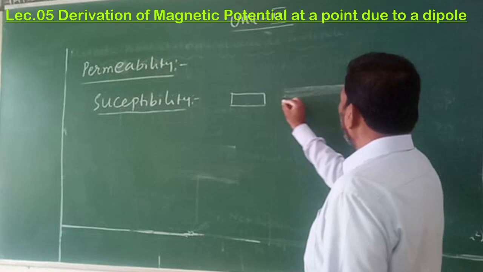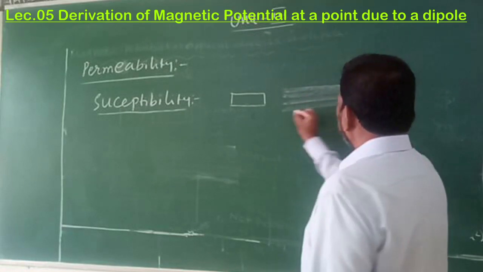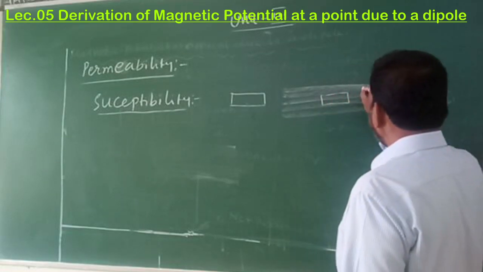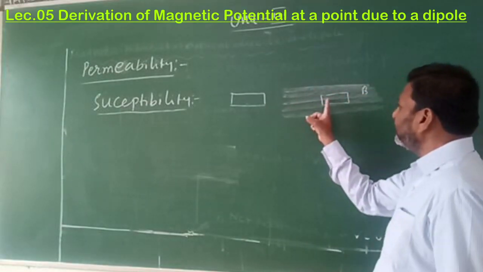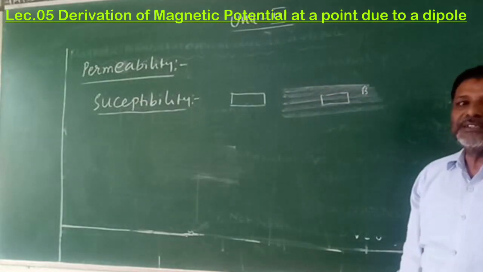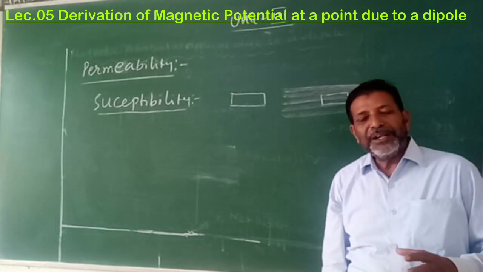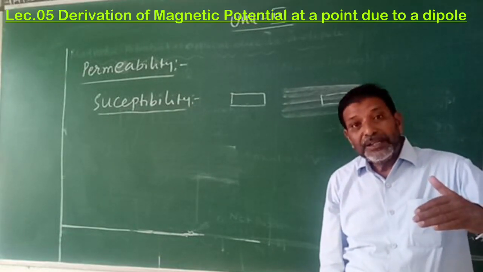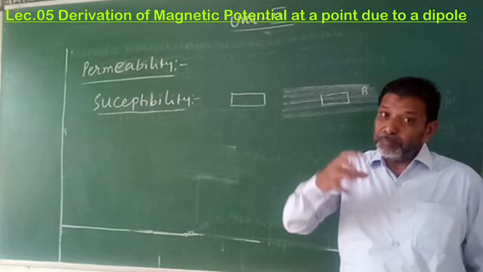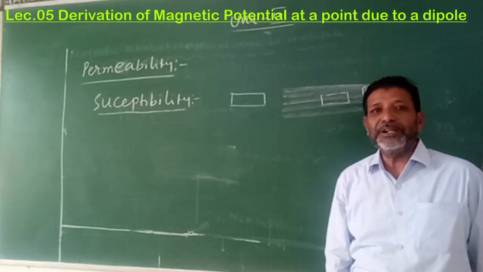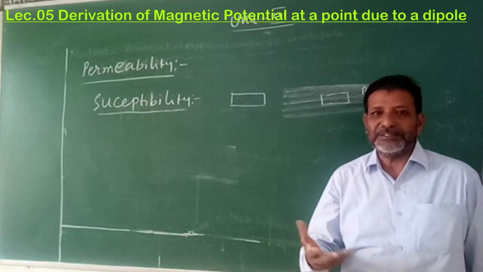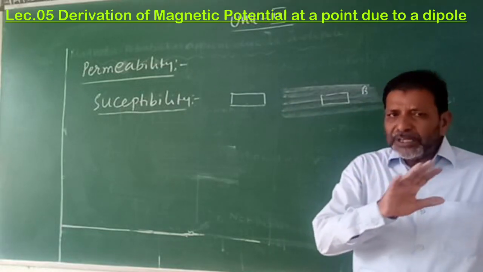Now you place this material into the magnetic field B. When you place it here, it is converted into a magnet. Next, to what extent is it converted into a magnet? Is the complete material converted into a magnet or partially? You should have a clearer concept.